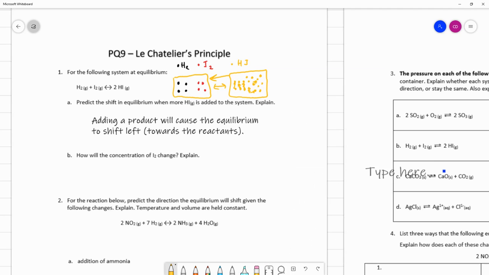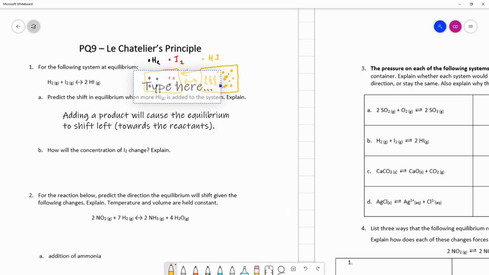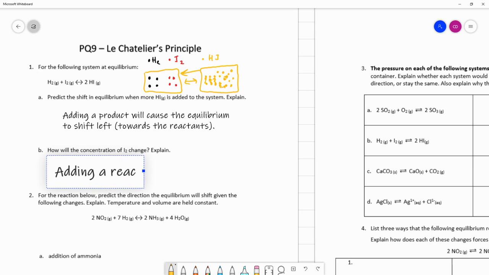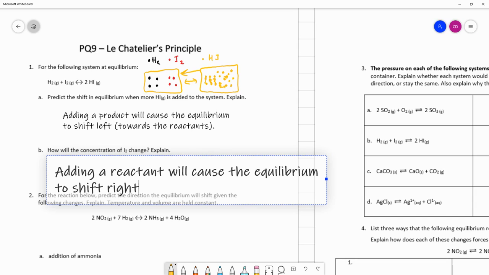Letter B is the opposite idea. For letter B, these text boxes don't work super well. We are asked what will happen if we increase the concentration of I2. Well, increasing the concentration of I2, which is adding a reactant, will cause the equilibrium to shift right towards the products.